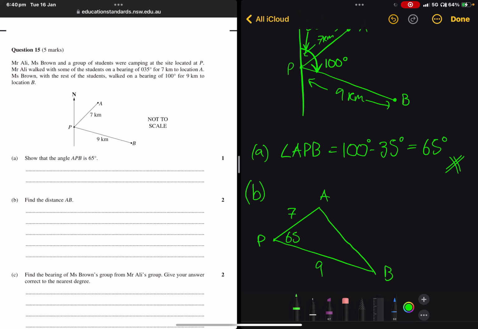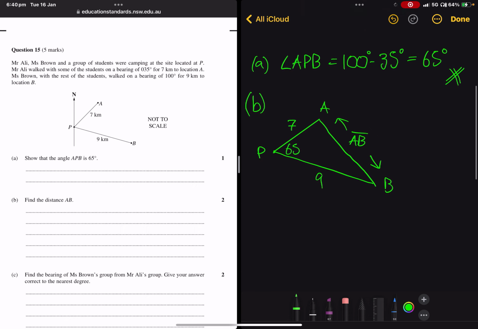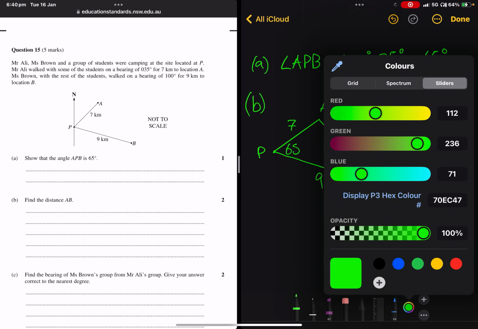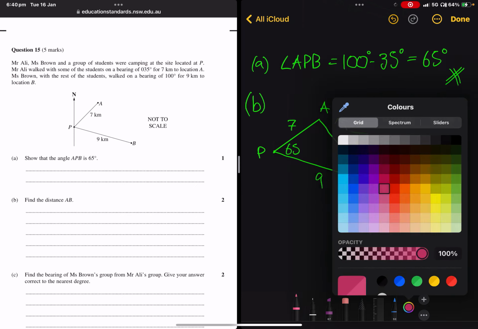Now we've been asked to find AB, which is this length over here. This is just a non-right triangle, so you can just use non-right trigonometry in this case. In fact, you're going to be using the cosine rule. So we're going to label some sides here.